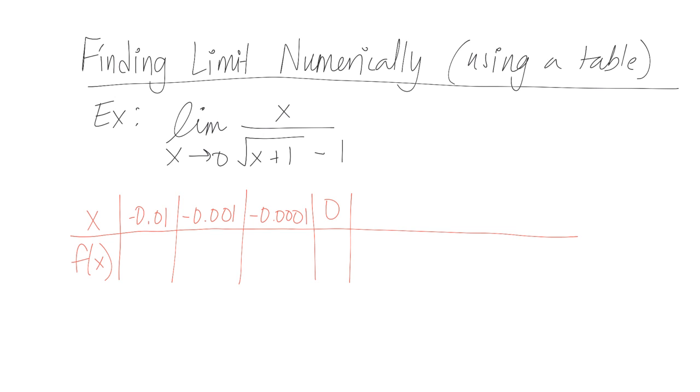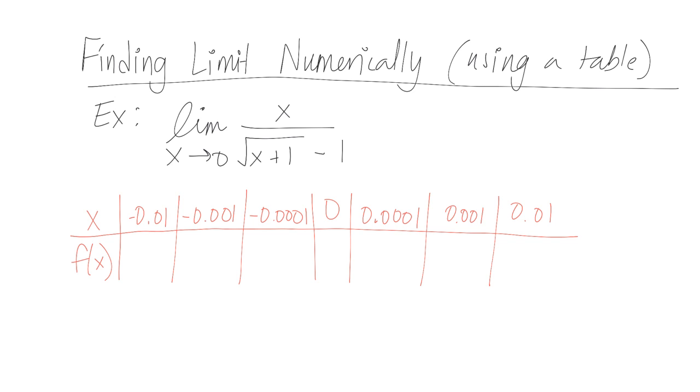Okay, so you see I'm getting very, very close to 0. From the other side, I'm going to do the same thing, but I'm going to be positive. So it's going to be 0.01, 0.001, okay, and 0.0001. Okay, so as you can see, these numbers are really getting close to 0.